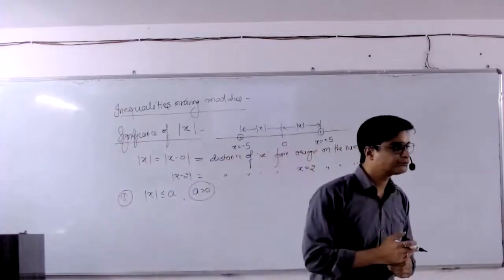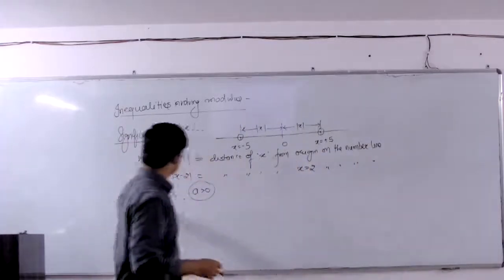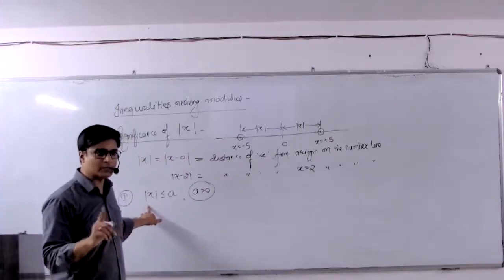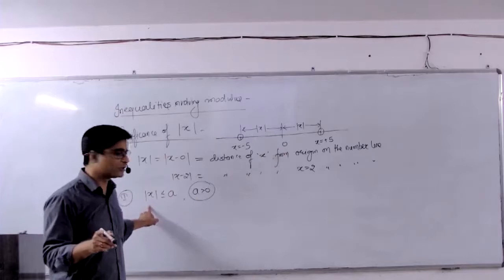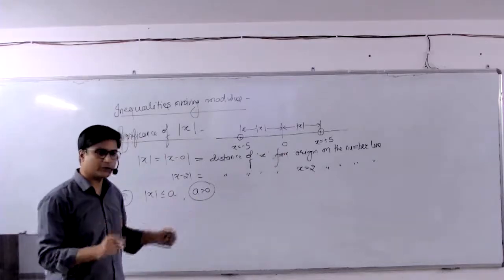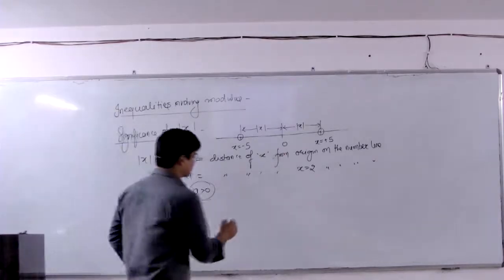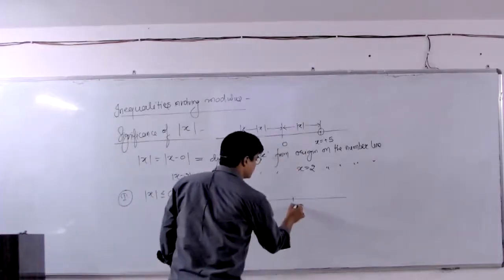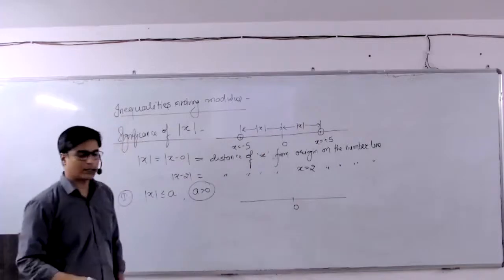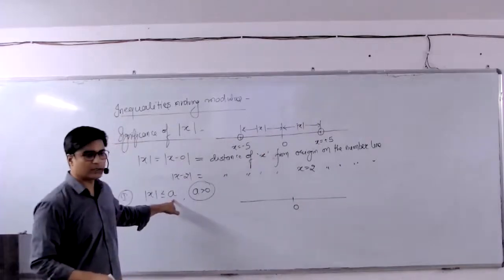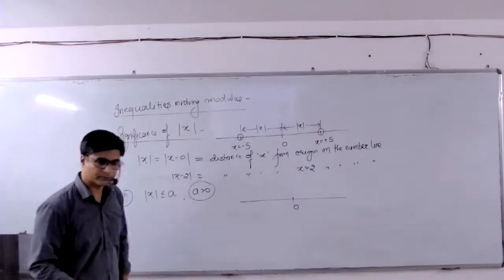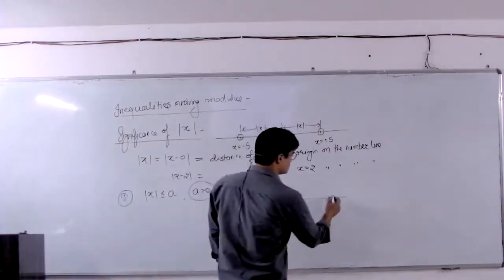Now what it is saying, the distance of any general point x from origin is lesser than a unit. Let's say this is your number line, this is your origin. A will be some value, let's say 2 or 5 or 3. So let's say this is your a.